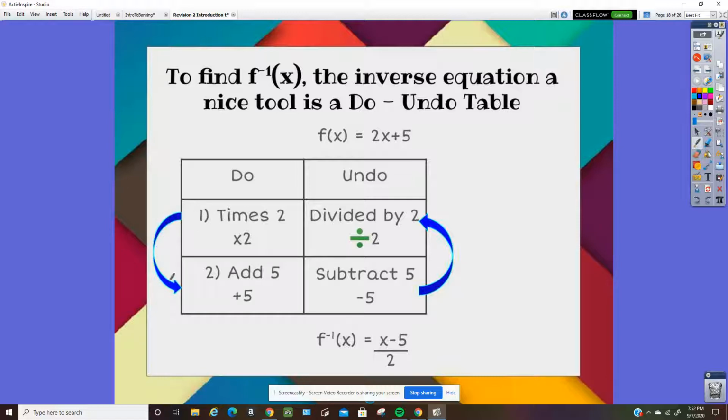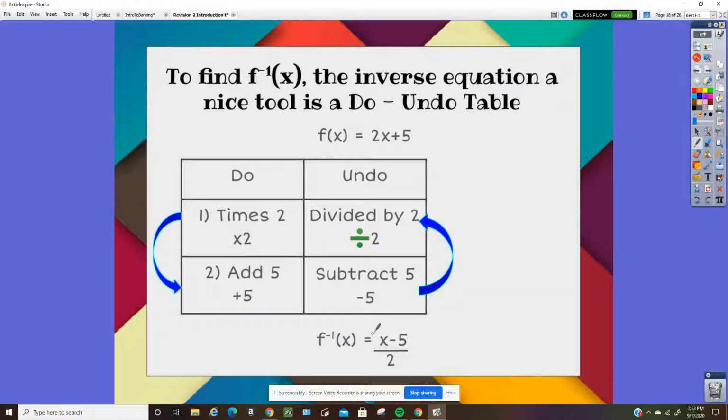So here's the PEMDAS. If we look at this equation, first we multiply the number by 2 and then add 5. And then we undo it: we subtract 5 and divide by 2. So to write the inverse function, here's f of x.